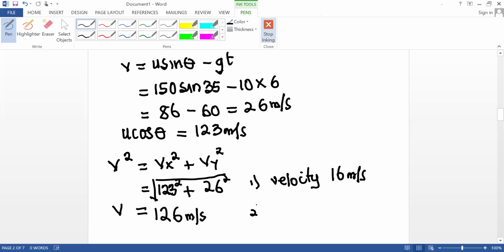And finally, the velocity of the body just before it drops to the ground.